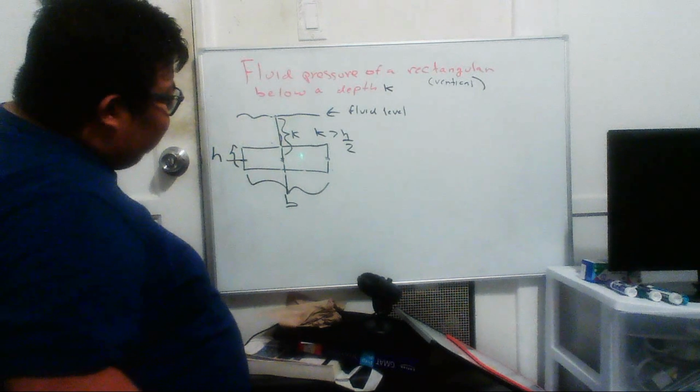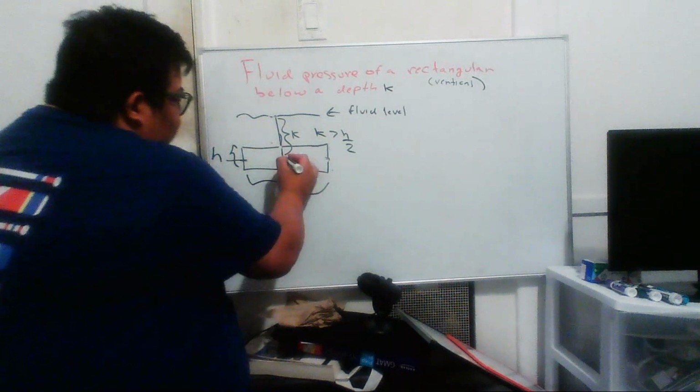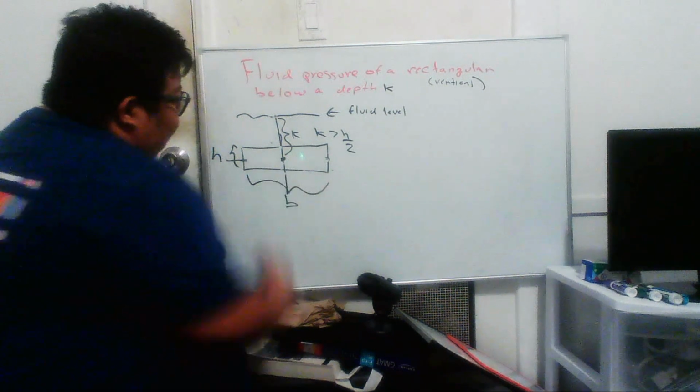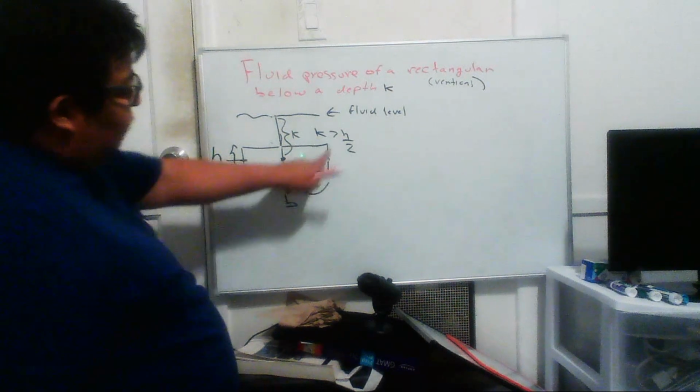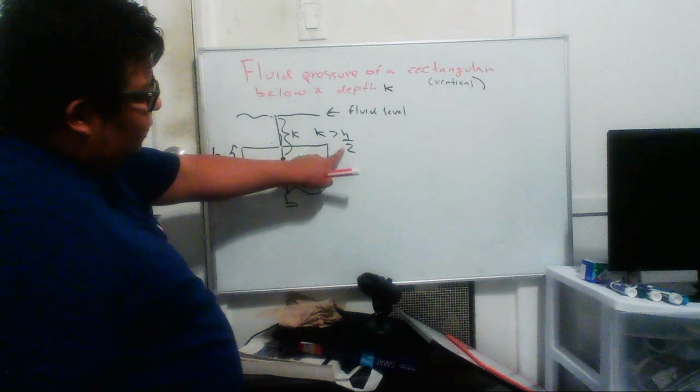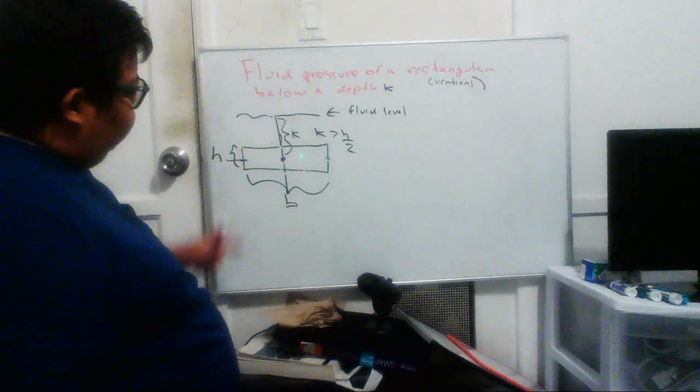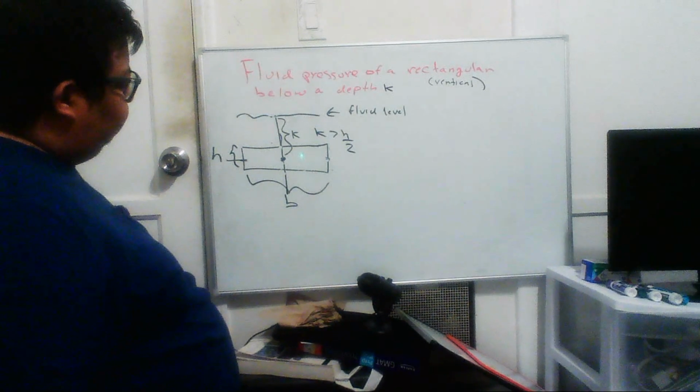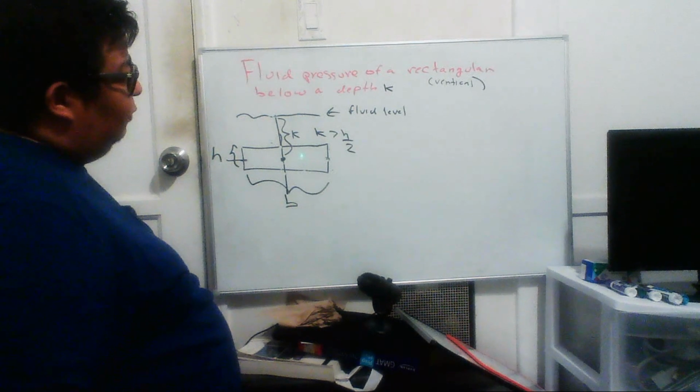So from there to there, that's K, that's the depth. K goes from the fluid level to the middle of the rectangular plate, and K is of course greater than H over 2, where H is the height of the rectangular plate.